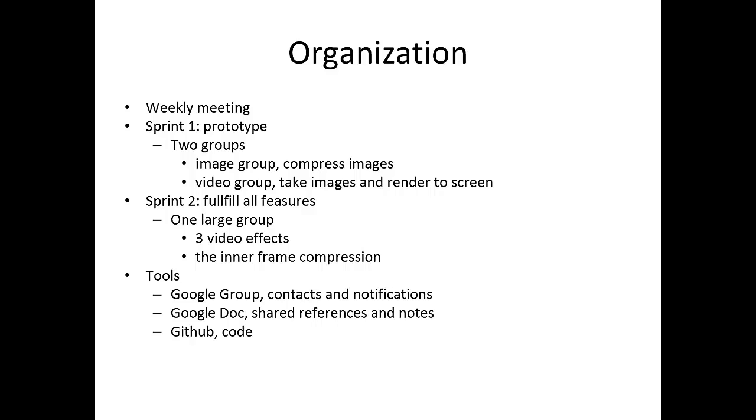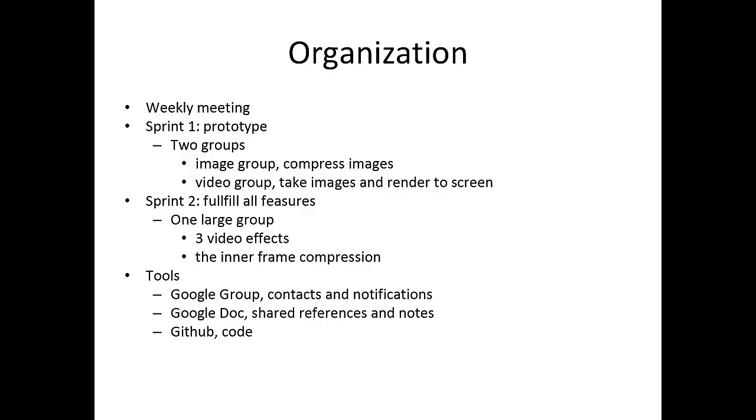After the first sprint, in the second sprint, we decided to fulfill all features, and in this sprint we do not break into 2 groups. Instead, we stay in one large group and each person works on one different aspect of this project. We have 3 video effects to work on, and also we work on the inner frame compression.